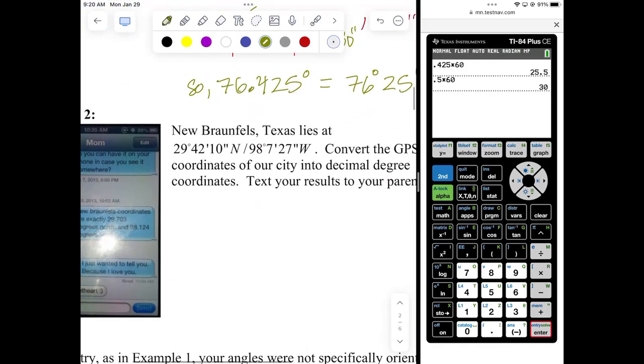New Braunfels, Texas. If you look it up on Wikipedia, you can actually look up where New Braunfels, Texas lives. The coordinates for New Braunfels, Texas are 29 42 10 north by 98.727 west. Now that pinpoints a specific place in New Braunfels, Texas.